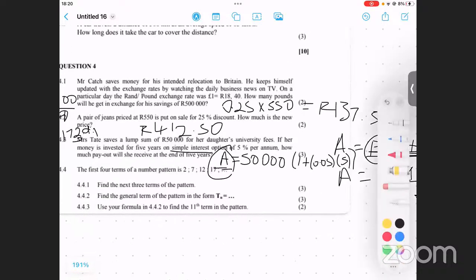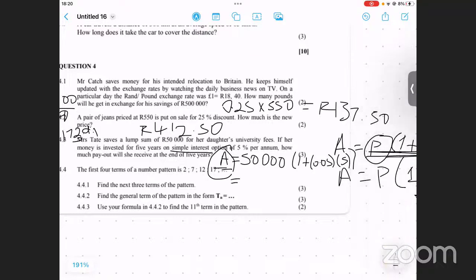Are you still with me, guys? You got what? 62,500 rands. Okay, so this is the amount that she's going to have at the end of 5 years.